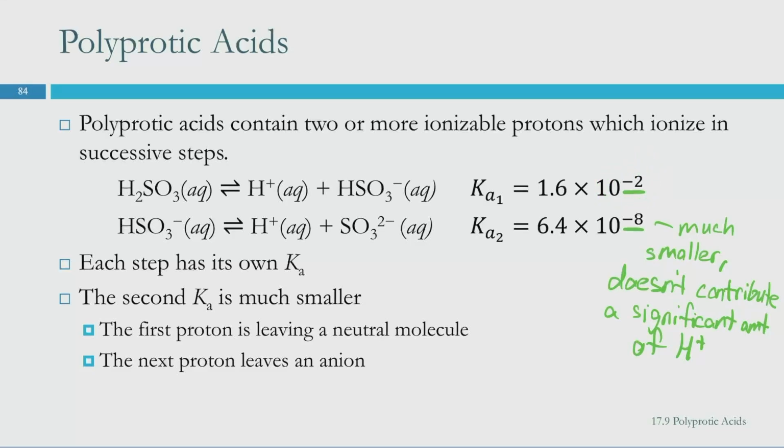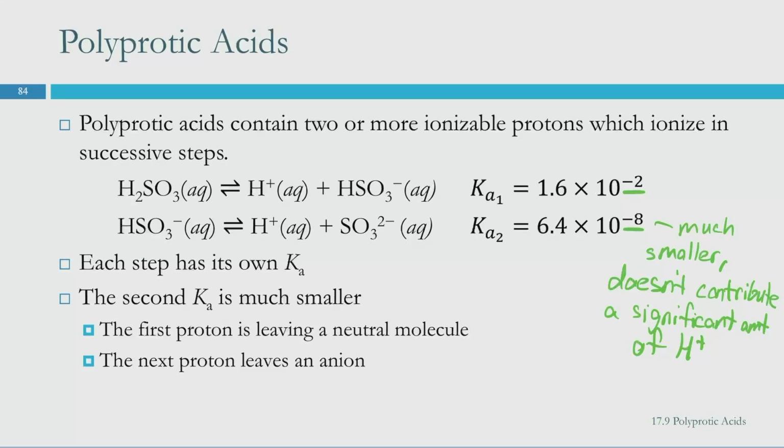The reason for these polyprotic acids having separate Kas and the second Ka being much smaller is that our first proton is leaving a neutral molecule. It's leaving a neutral molecule, so there's less negative charge. We've got something with a 1 negative charge and a 1 positive charge, and those are splitting up, breaking up.